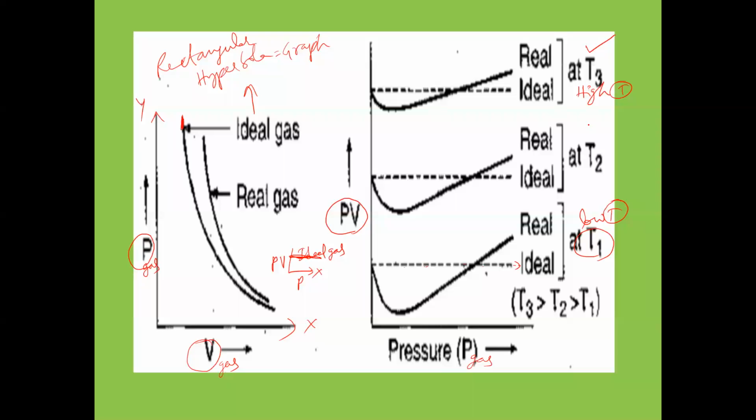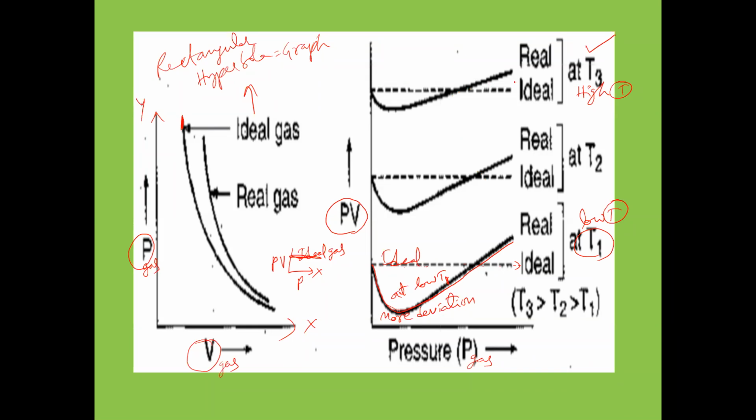At low temperature, the real gas deviates more from ideal behavior. So from ideal behavior, the real gas is deviated more. More deviation is there at low temperature. At low temperature, deviation is more here. So more deviation of real gas from ideal behavior.